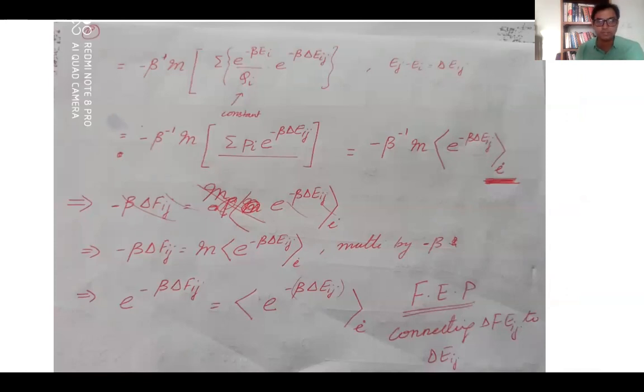So the whole thing can be written as minus beta inverse log of sigma Pi and exponential of minus beta delta Eij, where delta Eij is the difference in the energies calculated at the state I, assuming that the state J is also well sampled.